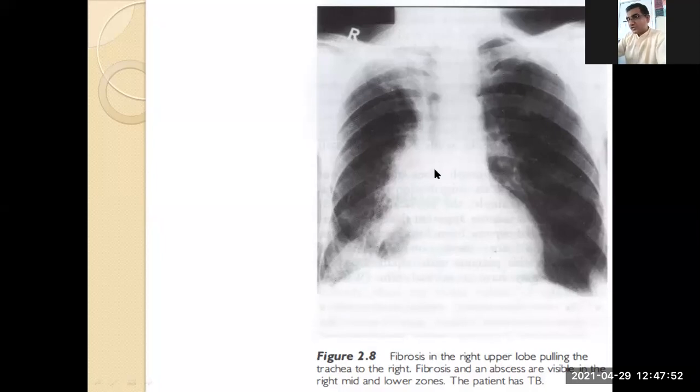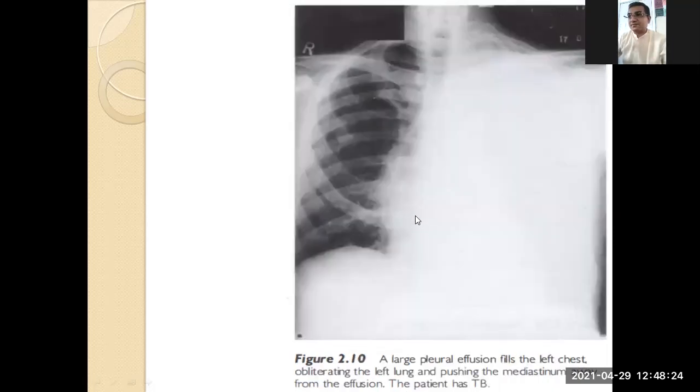You cannot see the cardiophrenic angle, the border between the heart and the lung, because air cannot reach this angle. So the cardiophrenic angle is blunted. The costophrenic angle is also slightly blunted. On the left side also, the costophrenic angle is blunted, so we cannot see it on the X-ray.